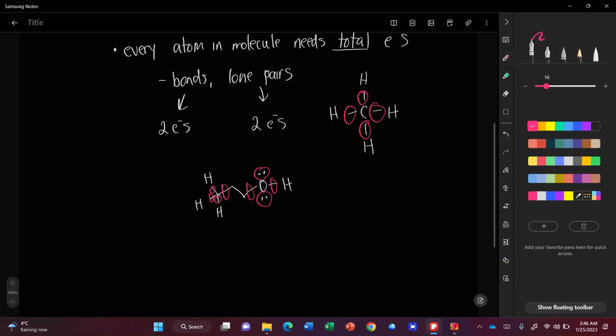I don't want to spend too much time on this. I'm just going to write quickly the ones that don't follow the octet rule. Obviously, hydrogen does not follow the octet rule.